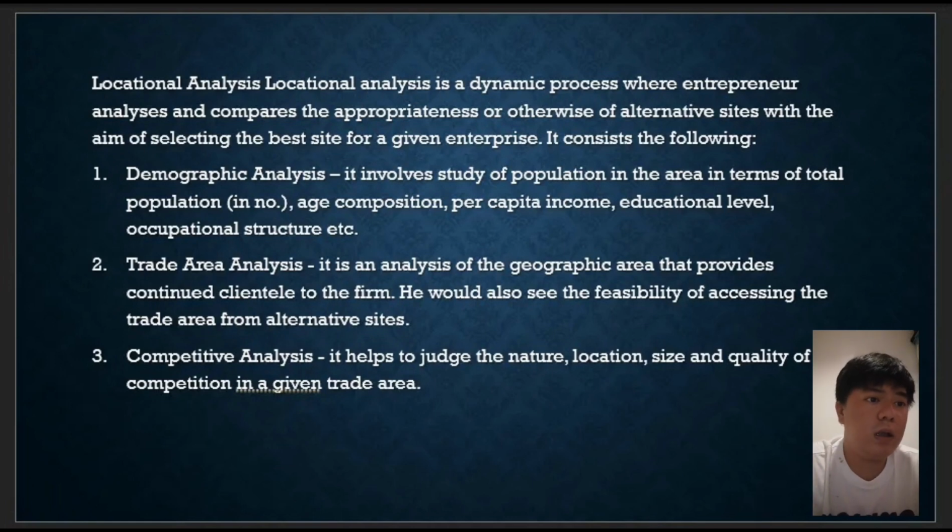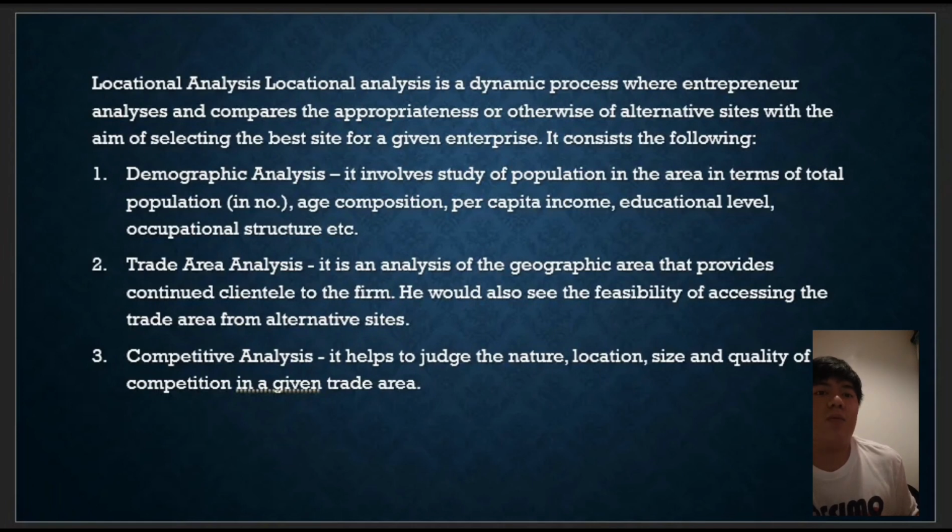So locational analysis is a dynamic process where entrepreneurs analyze and compare the appropriateness or otherwise of alternative sites with the aim of selecting the best site for a given enterprise.